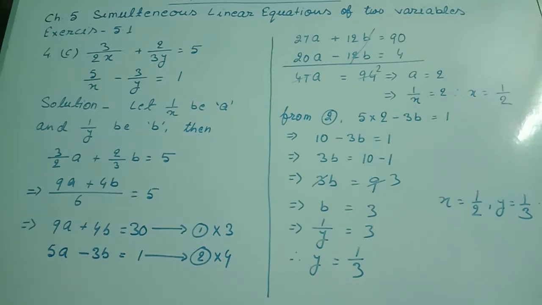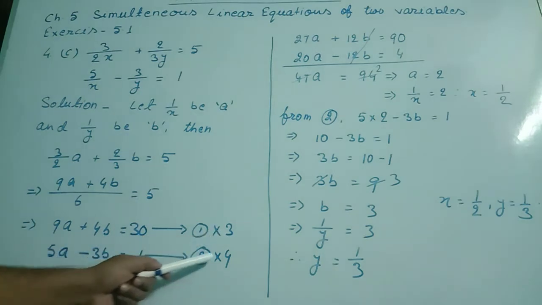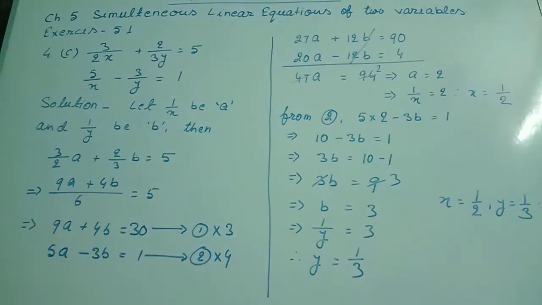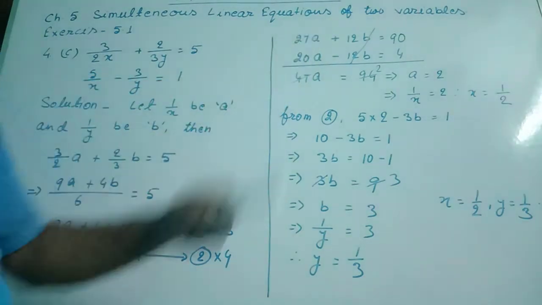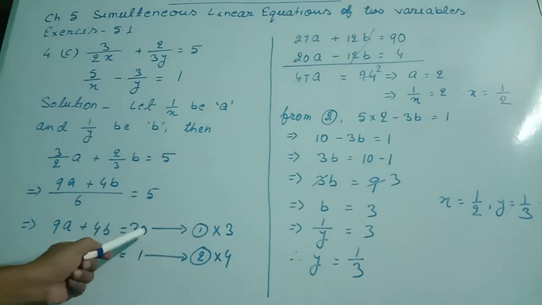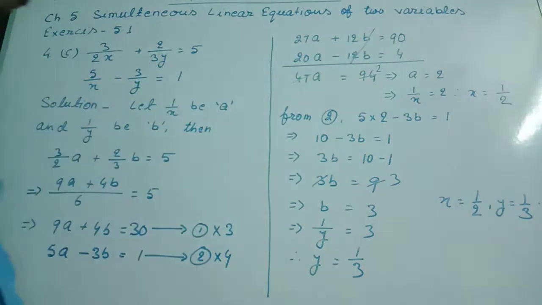Now we have to equate the coefficient of any variable in both the equations. For that I have selected variable b. Here is 4b and here is 3b. To make the coefficient equal, we multiplied equation number 1 by 3 and equation number 2 by 4, and we get 3 9s are 27a plus 3 4s are 12b equal to 3 into 30, 90.